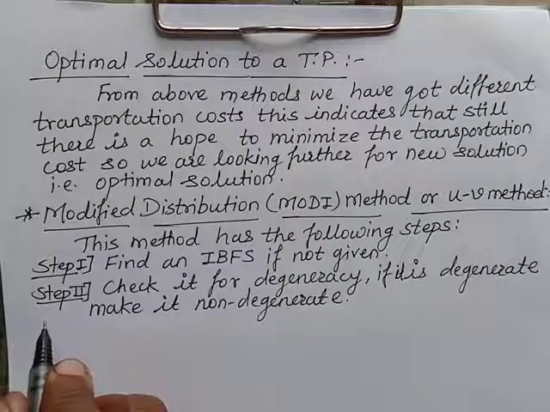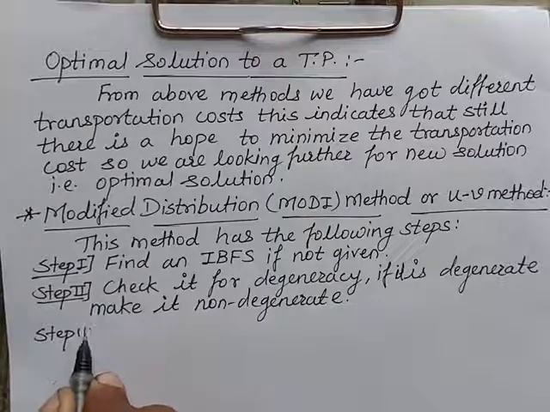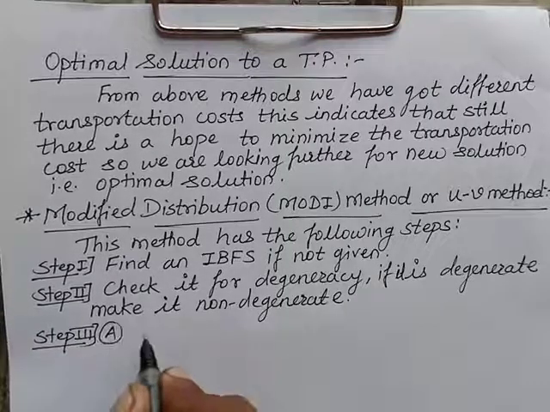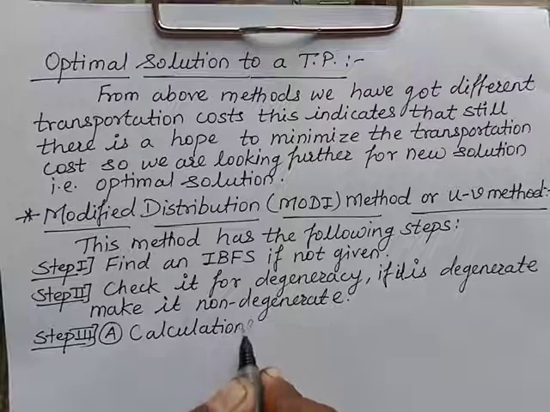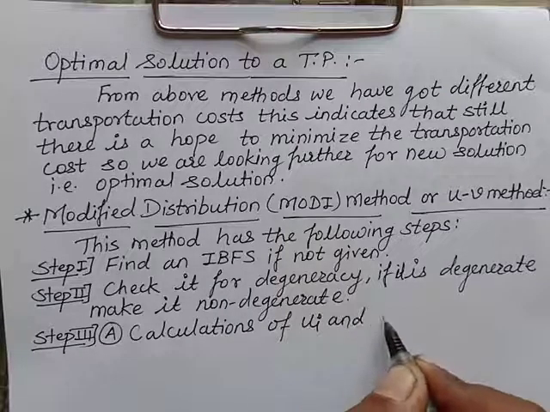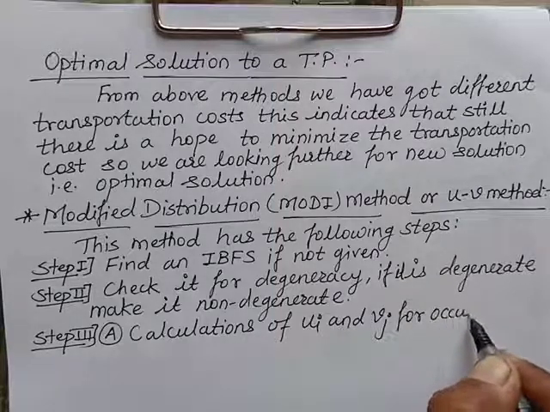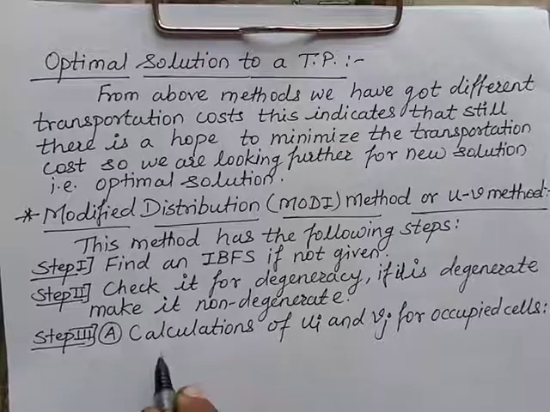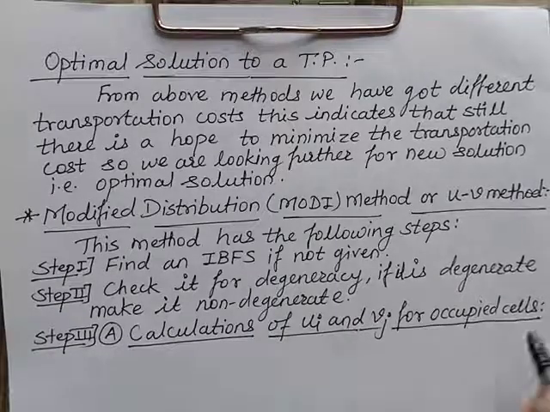Step 3 says, first part in that, calculations of ui and vj for occupied cells.